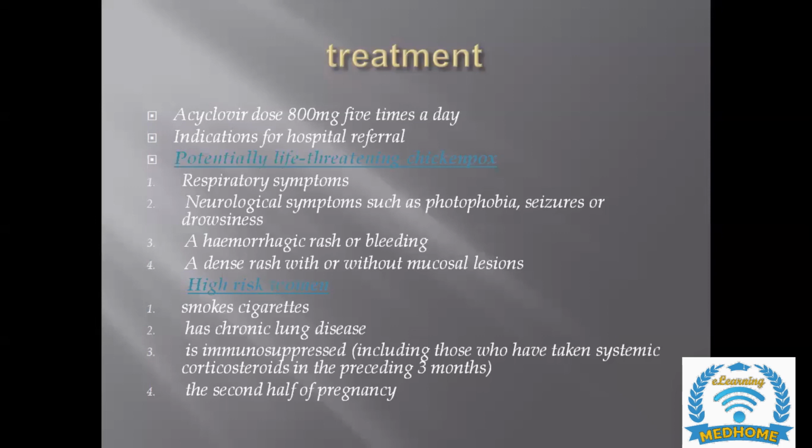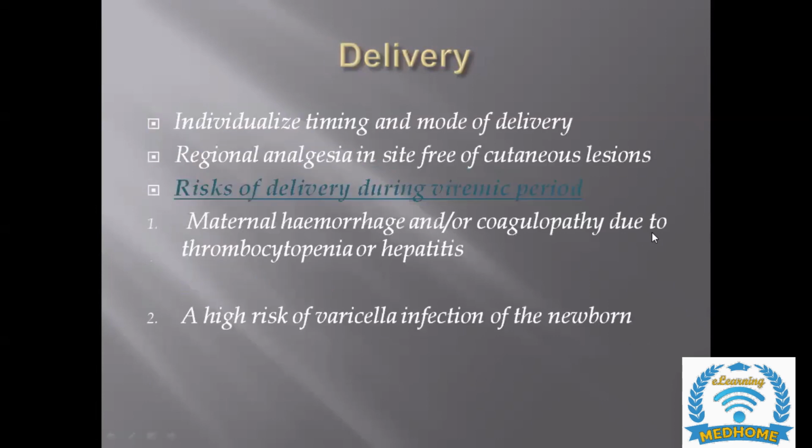The second half of the pregnancy after 20 weeks is also high risk, because there is more chance of pneumonia. So all the high-risk conditions are related to the lungs: cigarette smoking, chronic lung disease, immunocompromise, including those who have taken systemic corticosteroids in the preceding 3 months, since corticosteroids also cause immunosuppression, and the second half of the pregnancy. So what are the potentially life-threatening conditions of chickenpox?